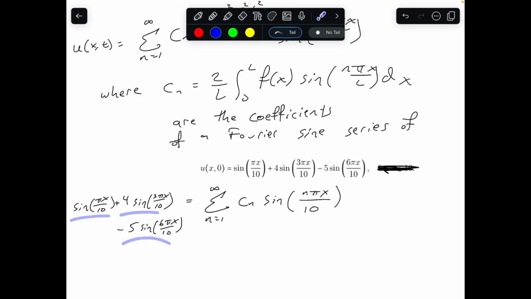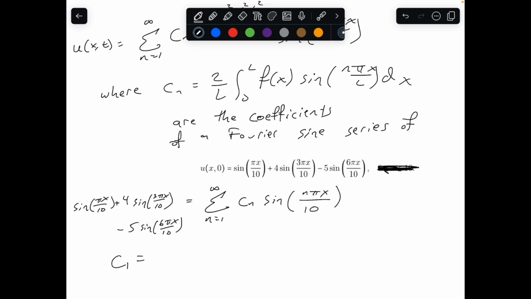This is the Fourier sine series of itself because it's already written as a sum of sine functions. This right here is the n equals 1 term because sine of 1 pi x over 10, right? This right here is the n equals 3 term, because this is sine of 3 pi x over 10. And this right here is the n equals 6 term. This is sine of 6 pi x over 10.